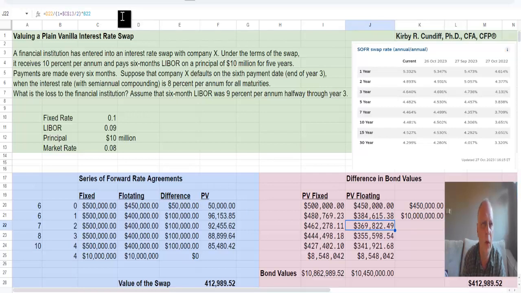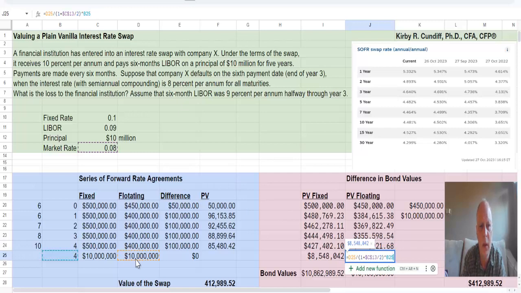Now it's going to be to B22, or 2 6-month time periods, and now to 3 6-month time periods, and then to 4 6-month time periods. And then final here, we have the $10 million par value of the bond divided by 1 plus 4%, again 8 divided by 2, now again to 4 6-month time periods.